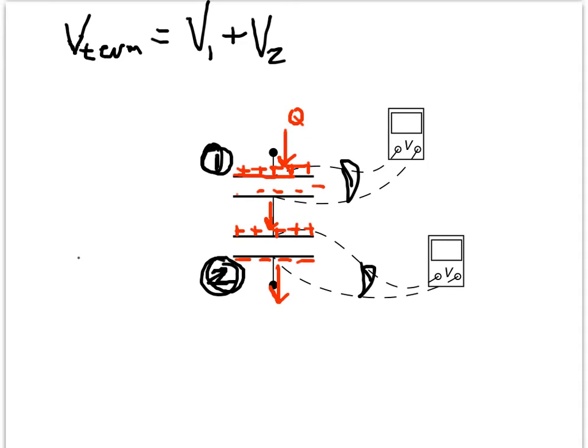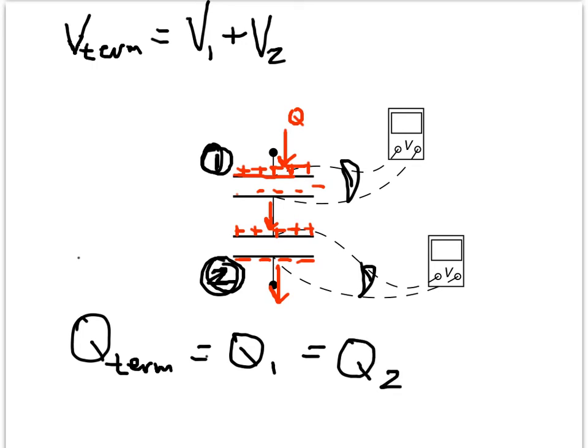What does that mean? Well, that means that the terminal charge that we've pushed on, Q terminal, is equal to the charge on the first capacitor, and that's equal to the charge on the second capacitor.